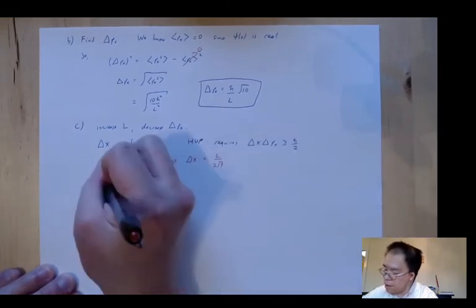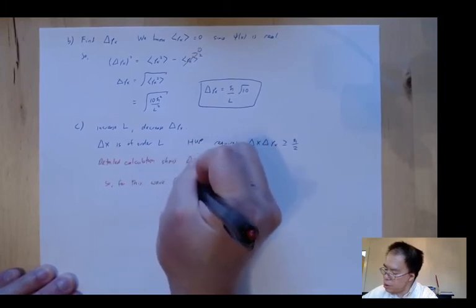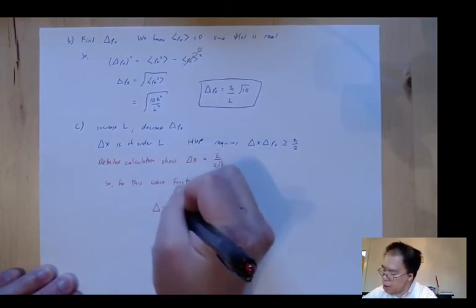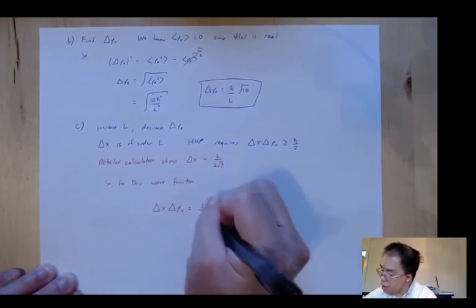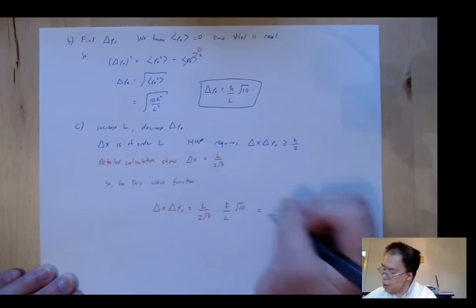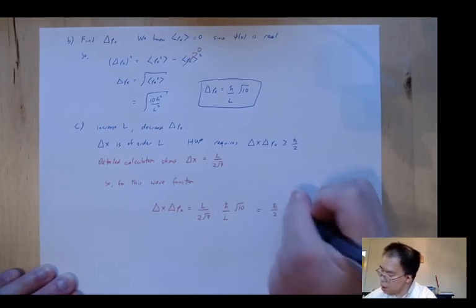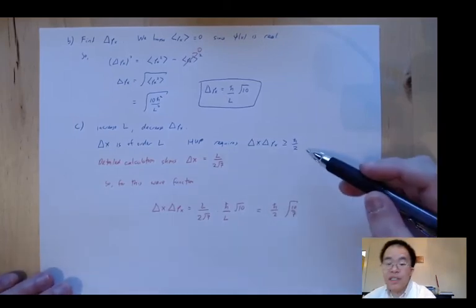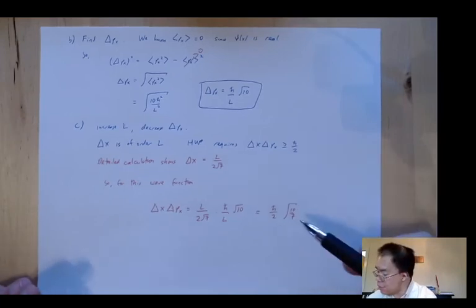So for this wave function, the product delta x delta p x happens then to be L over 2 root 7 times h bar over L times root 10, or canceling out my L's, I end up with h bar over 2 times the square root of 10 over 7.